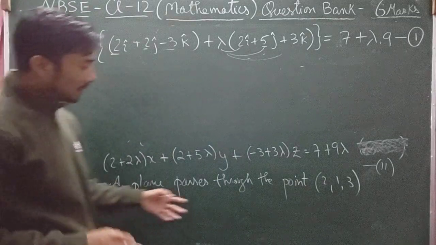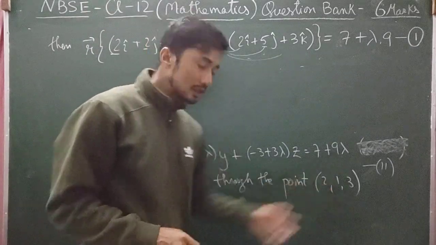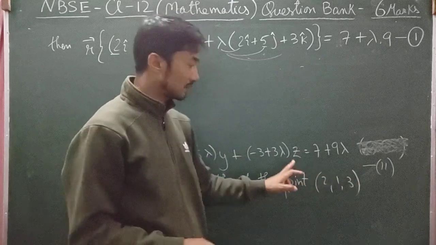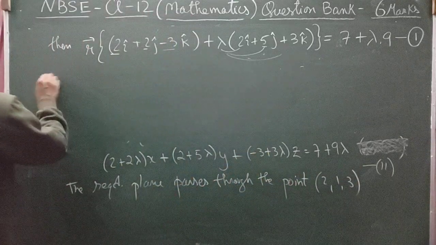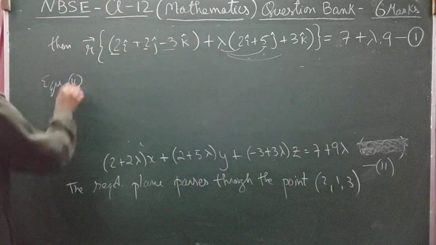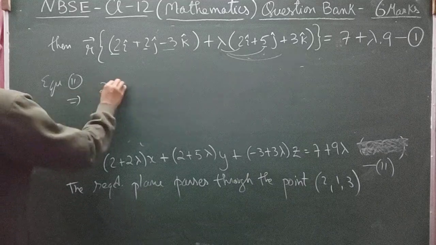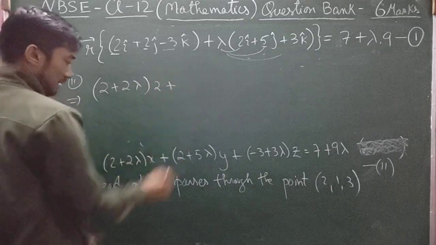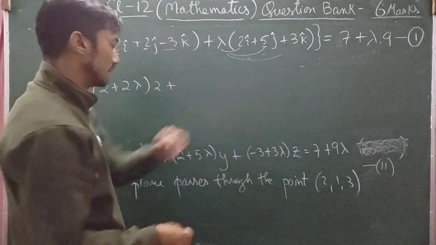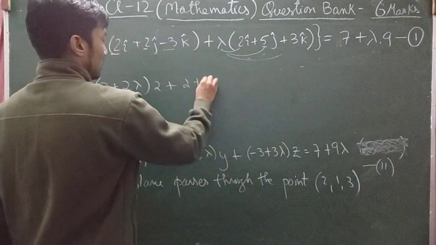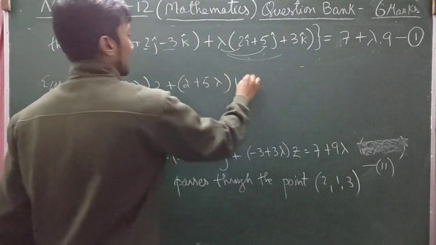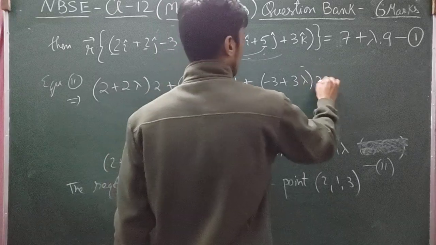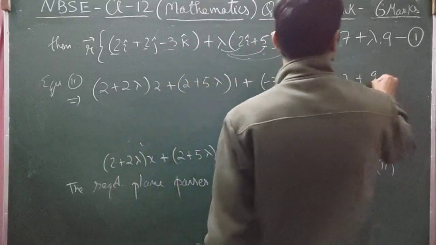So since the required plane passes through the point 2, 1 and 3, definitely the values of x equal to 2, y equal to 1, z equal to 3 will satisfy equation number 2. So equation 2 implies directly: 2 plus 2 lambda into 2, plus 2 plus 5 lambda into 1, plus minus 3 plus 3 lambda into 3 equal to 7 plus 9 lambda.